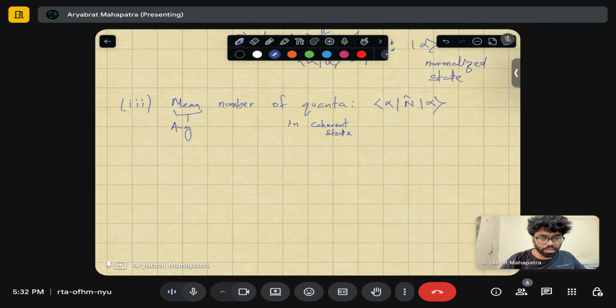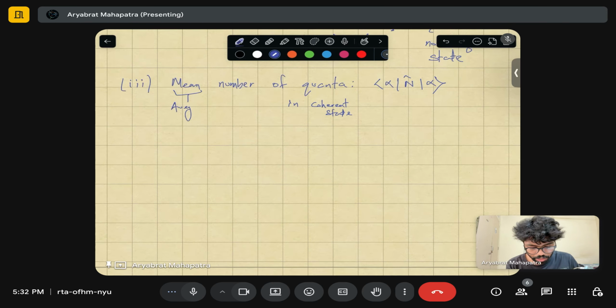So n will give you the average number of quanta, or average number of eigenstates of the harmonic oscillator associated with your coherent state. How many quanta are contained in your coherent state alpha? That is what it means physically.